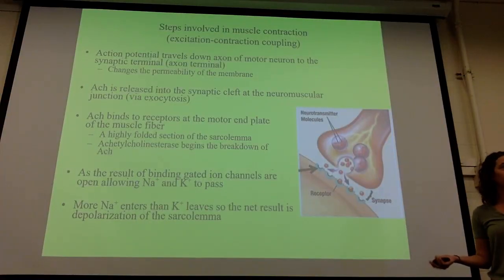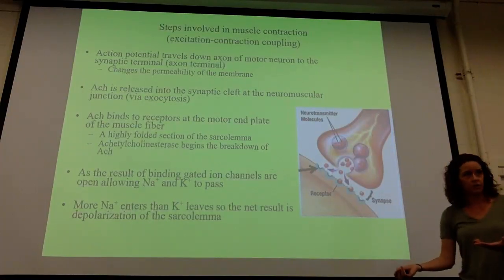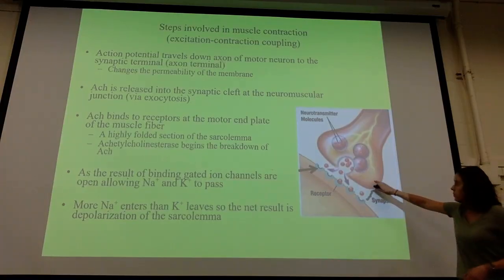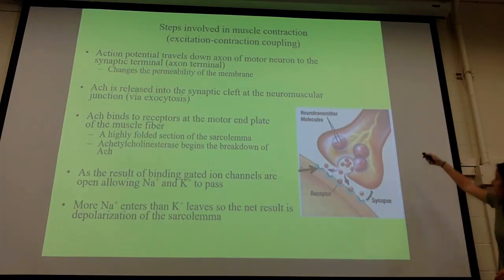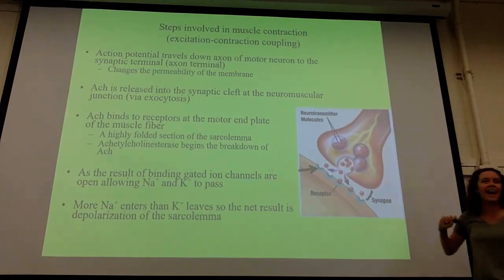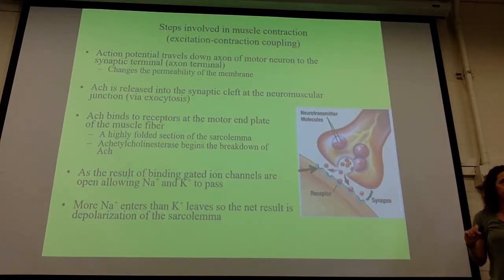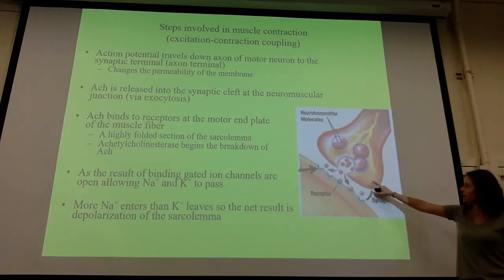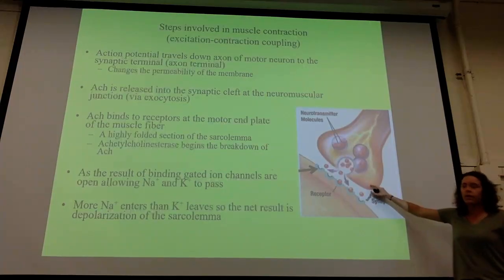The next thing it has to do is reach the muscle. In this picture, this whole thing is our motor neuron, the nerve cell. The little lightning bolt is showing you the action potential, traveling down the motor neuron and arriving at the synaptic terminal.